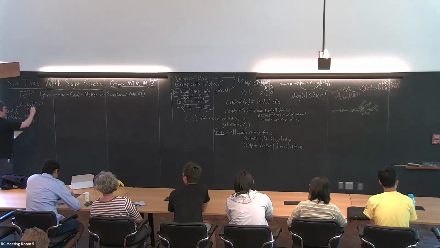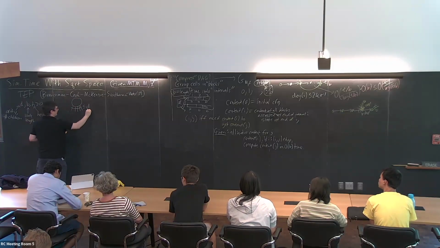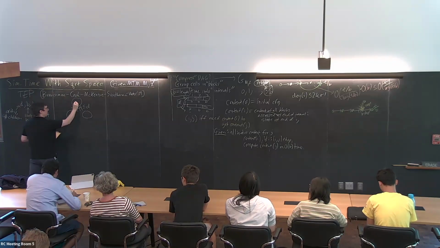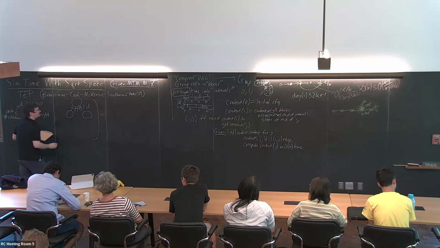And this H will be the height of the tree. So I'm going to have a tree where every node has at most D children. The height will be H.